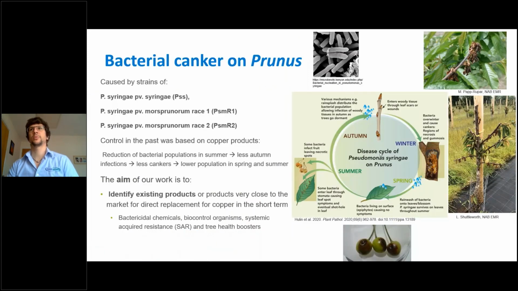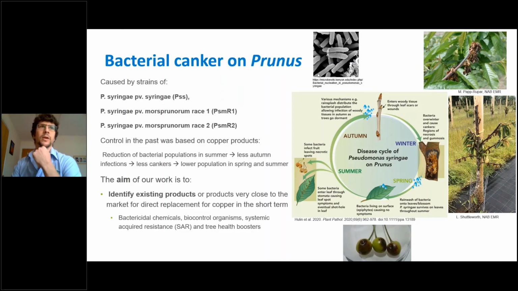As with the previous one, I'm just going to recap a little bit of the disease cycle and what we're trying to prevent. It's caused, as the title suggests, by bacteria, Pseudomonas syringae, this black and white little rod-shaped bacteria here in the picture.